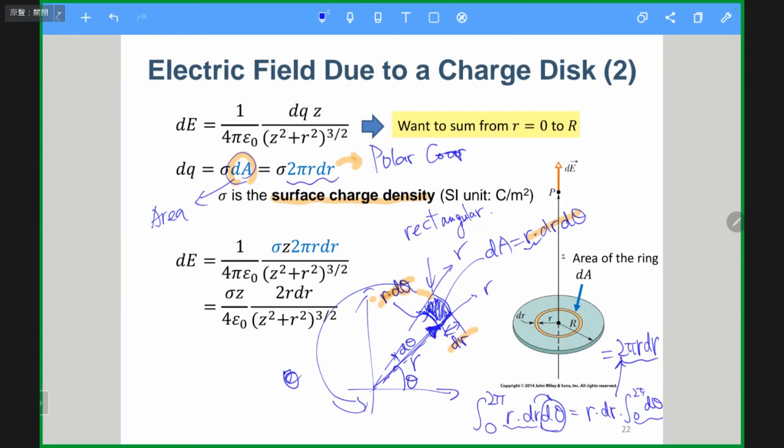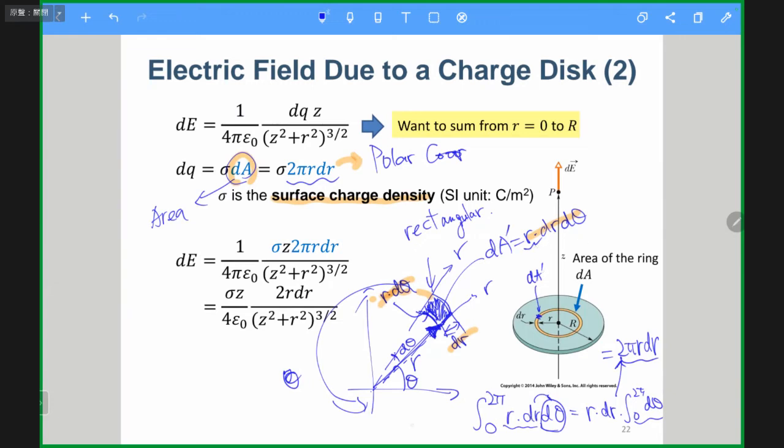So this dA considers the whole area of the ring. And of course this dA considers only this part. Maybe I can call it dA prime here. This is dA prime, which will be r times dr d theta.